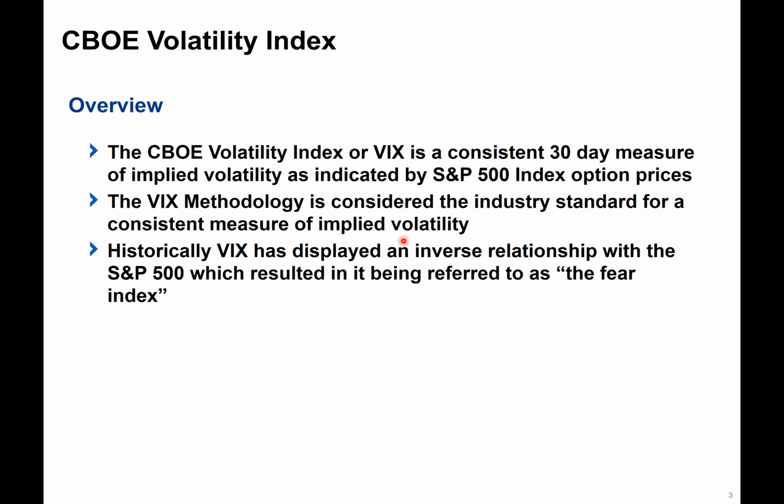Now, the methodology really is considered an industry standard for how to put out an index that gives you a consistent measure of implied volatility. You can use the VIX methodology to come up with a 3-month outlook of volatility, a 6-month, a 12-month.